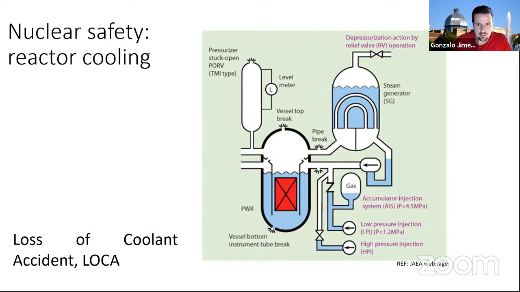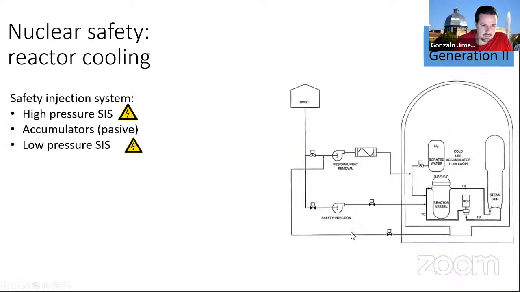For example, if we have an accident, which is, let's say, the most popular one, in which we have a break in the primary circuit and we are losing the coolant, we will need a safety system to compensate this loss and to inject cool and borated water into the primary circuit. I'm talking about PWRs for simplicity.